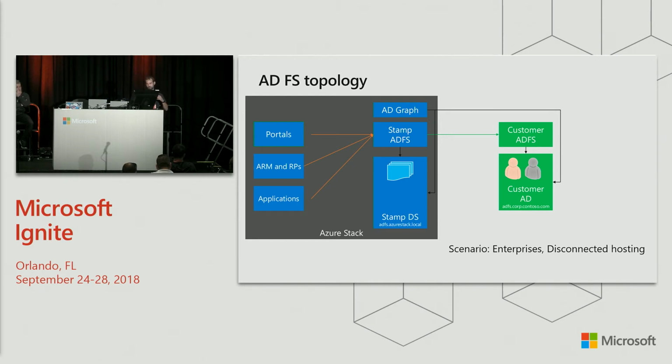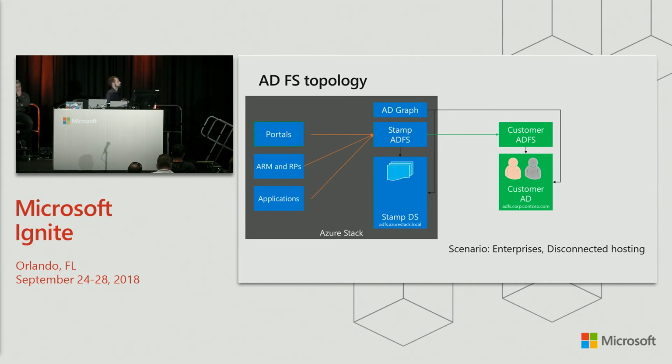Now, in a lot of conversation, people sometimes just overlook it's not just ADFS. In order to enable role-based access control that you all know from Azure so that you can delegate permissions to users, to resource groups, to VMs, we need an additional component called the Active Directory Graph.